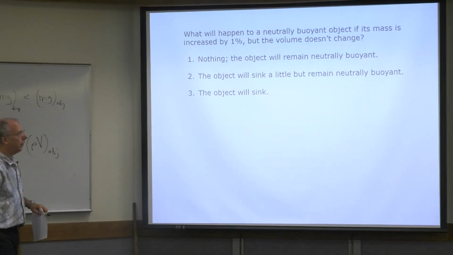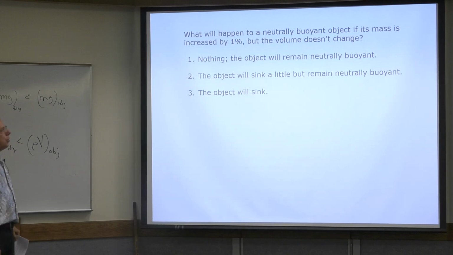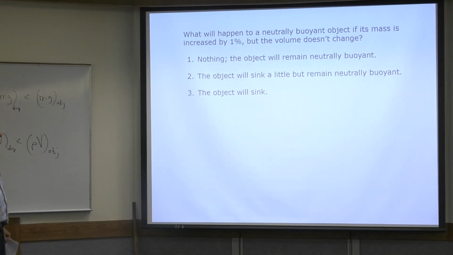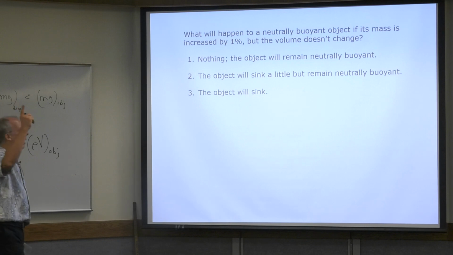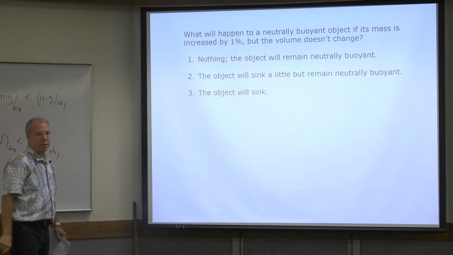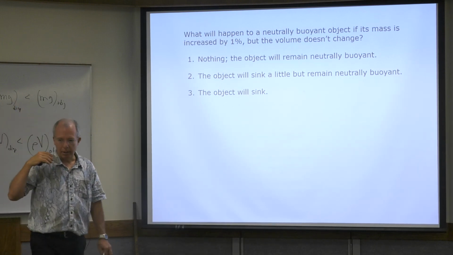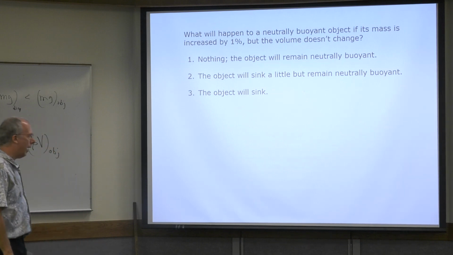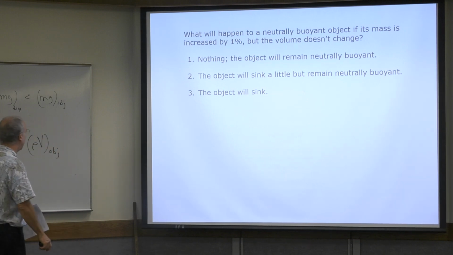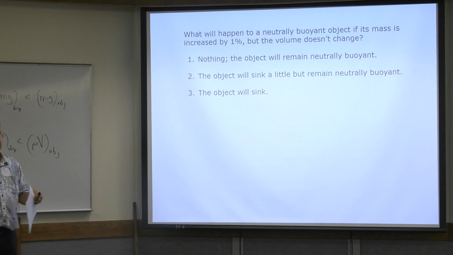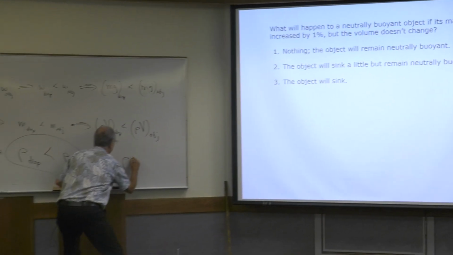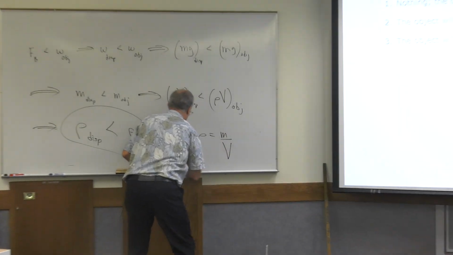Okay, here's a question for you. What will happen to a neutrally buoyant object if its mass is increased by 1%, but the volume doesn't change? So everybody, pause your video and figure it out. Okay, we're back. All right, so look, density is mass over volume.